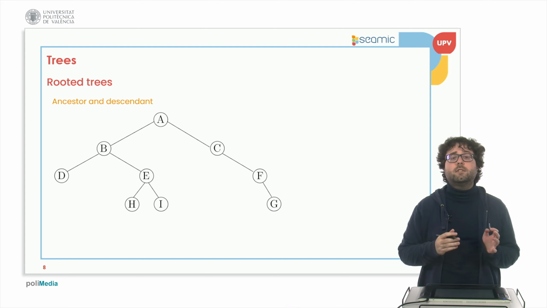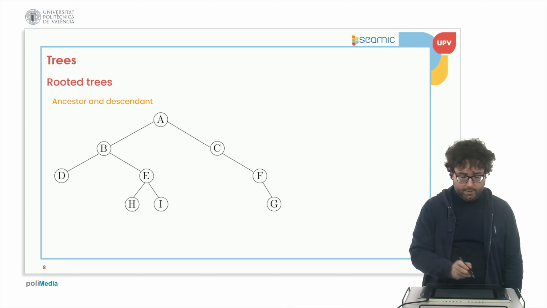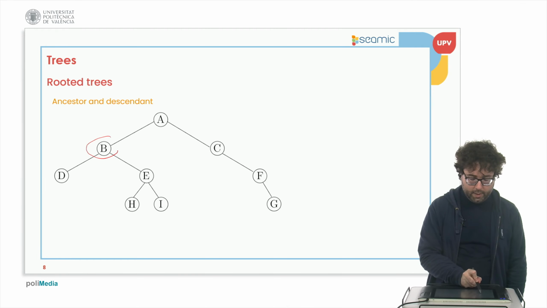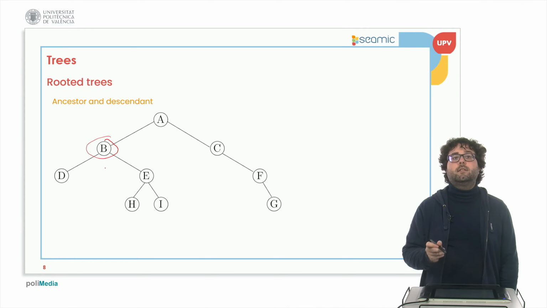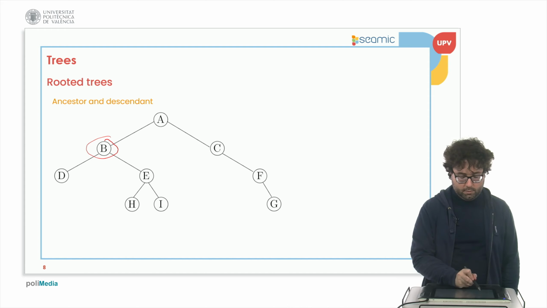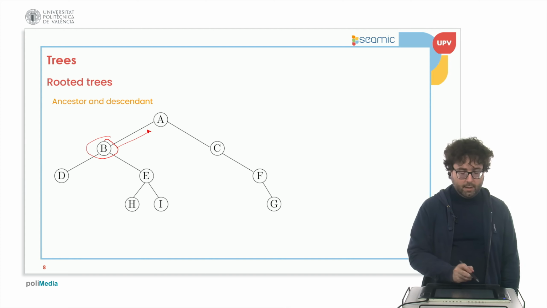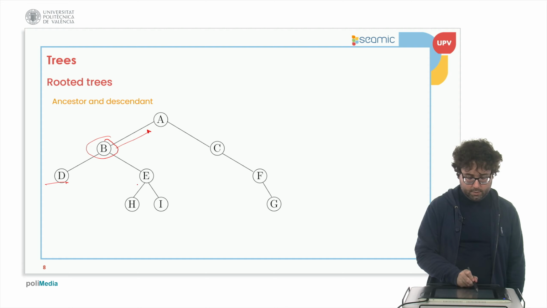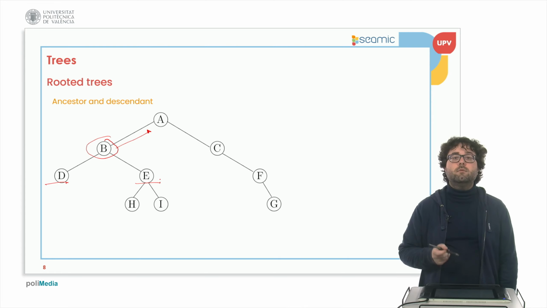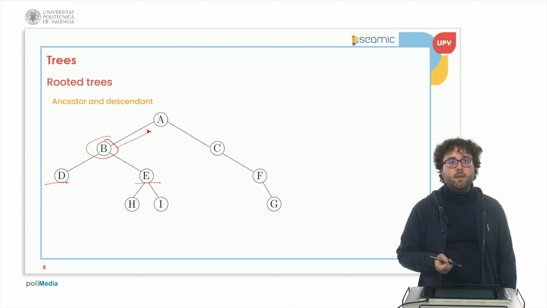We also have the concept of ancestor and descendant, which means that every node is related to the previous level by being its descendant, and it can have up to several descendants.